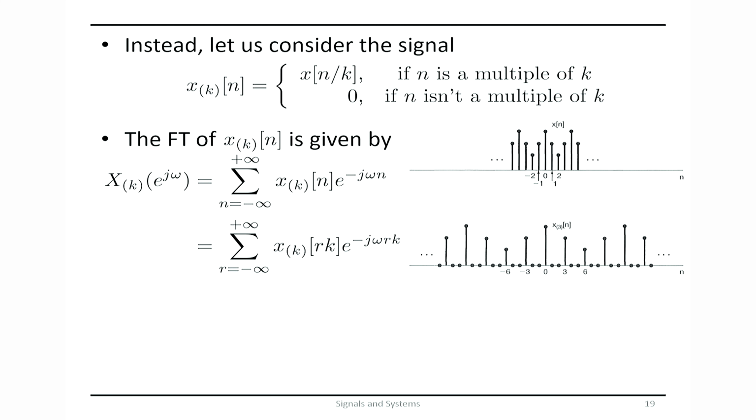For example, here we're choosing the case where k is equal to 3. We stretch the signal out by 3 times, and then we insert 0 in between. So now consecutive samples are distanced by 3 samples, and you have 2 zeros in between.